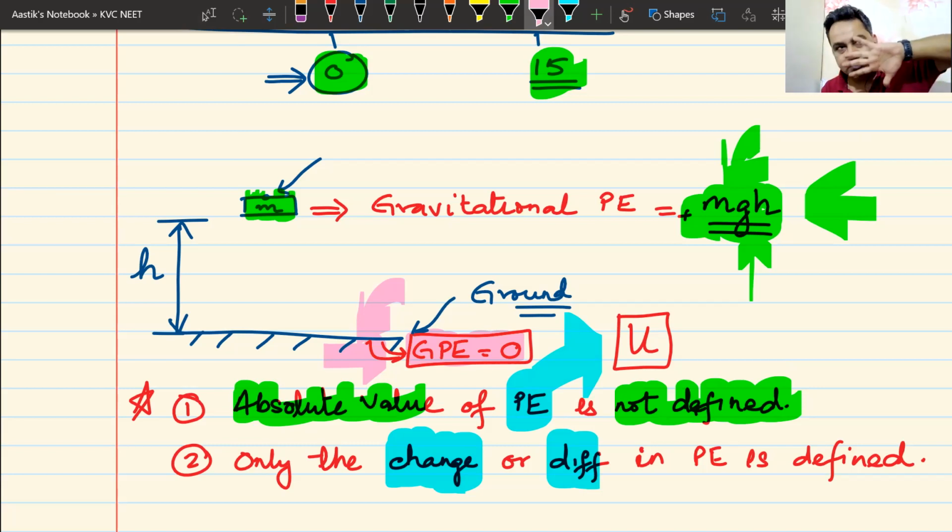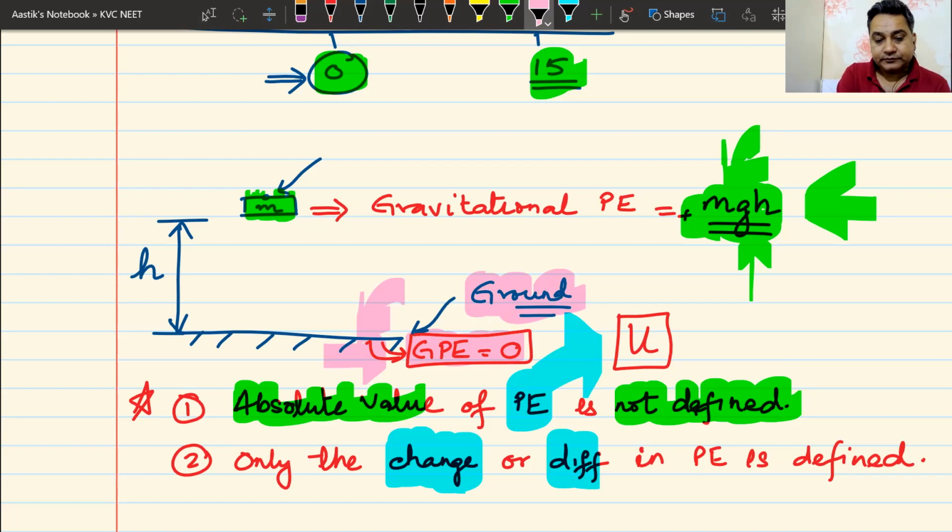So instead of going to infinity to find zero, let us be on the ground and call the value of energy at the ground as zero. We have done that. And that will be the case in almost all of the questions that we are going to do in this chapter. Gravitational potential energy of the ground would be taken as zero. It is not zero, but we'll assume that it is zero.